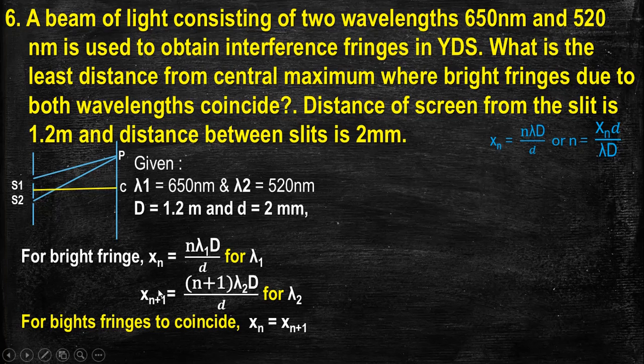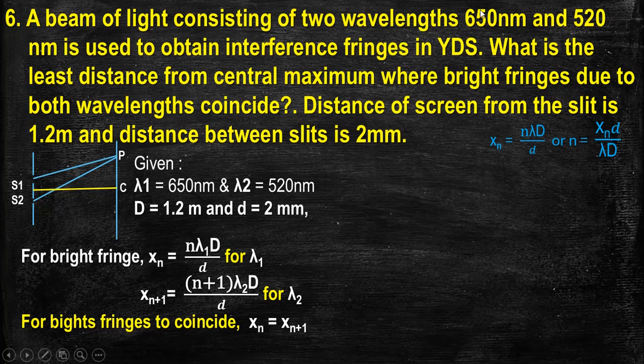Then when these two distances are equal, only then the bright fringe due to 650 nanometer and another bright fringe due to 520 nanometer are both forming at the same point P. So both are coinciding.